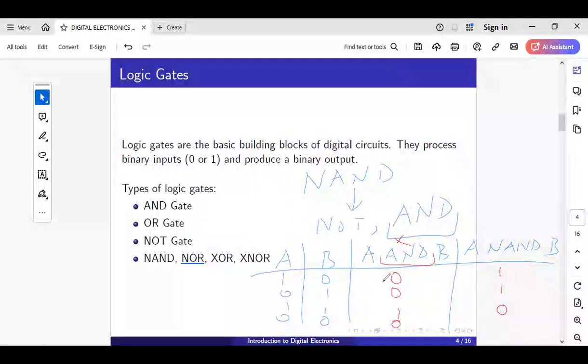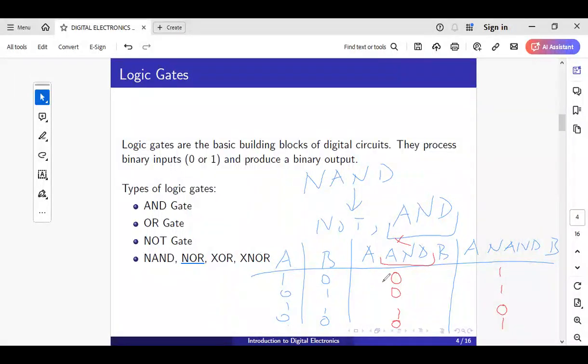Then the last one is 1. Jenny, do you agree? Yes, teacher. Why? Because when we are using the NAND gate, we invert the answer we got for AND. That is very true.